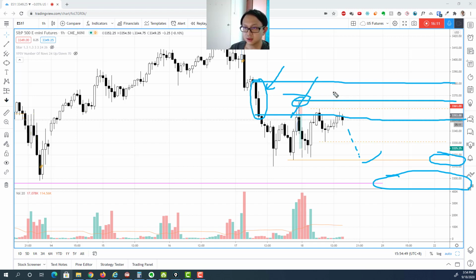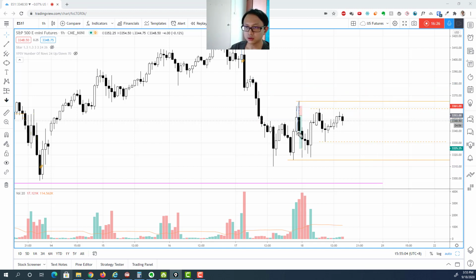So this is the resistance area. We definitely need to see how it reacts within this supply zone, especially when it enters into the supply zone. Right now it's still trading below the supply zone.